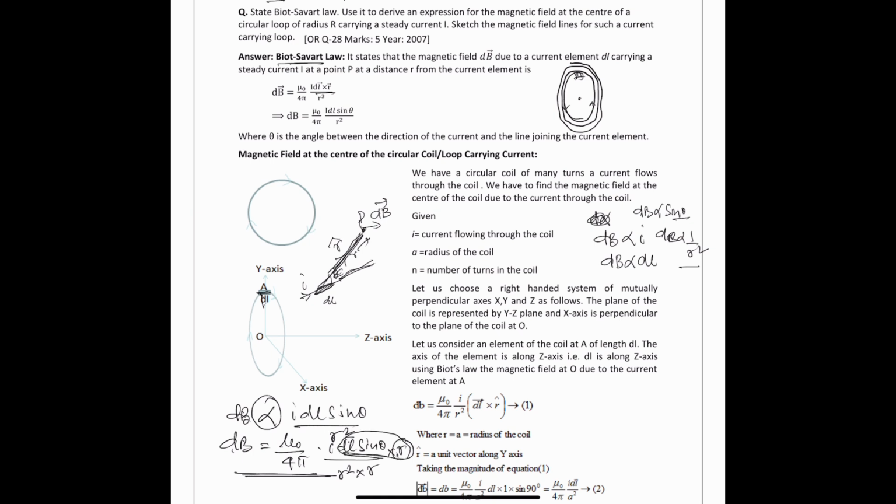This r is taken extra, that is why the denominator becomes r cube.